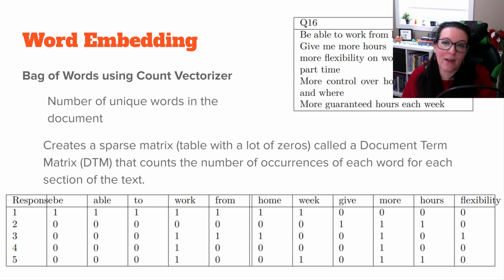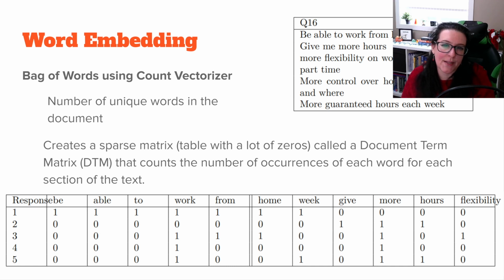So you can see if we have a lot of different words, there's going to be a lot of zeros in our matrix. Then we look at the second response, give me more hours. It doesn't have the word be or able or to or work or from or home or week, but it does have give and more and hours and flexibility. So we are turning this text into strings of numbers to represent it.